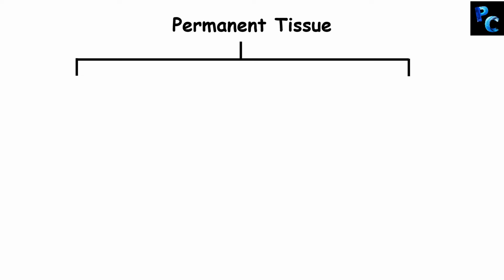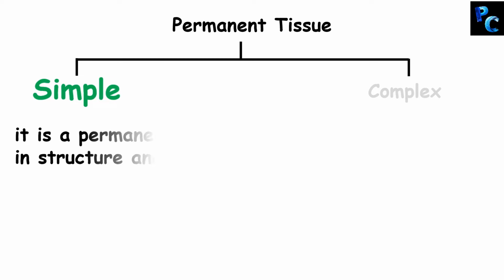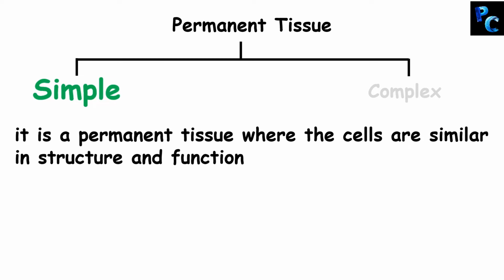Now, permanent tissue can again be divided into two types, simple permanent tissue and complex permanent tissue. In this video, we are going to discuss simple permanent tissue. Can you make any guess why it is called simple? Yes, you are correct. Because the tissue is simple, meaning that it is permanent tissue where the cells are similar in structure and function.